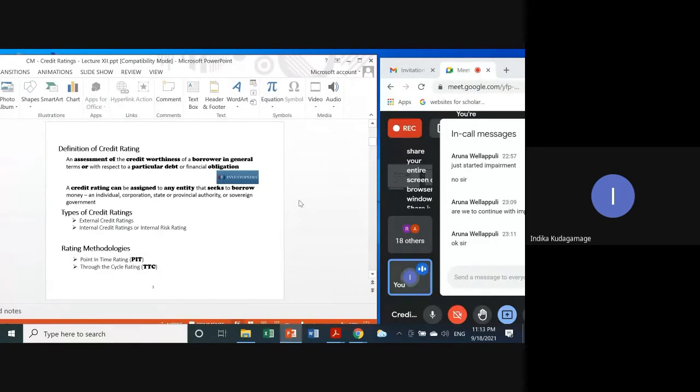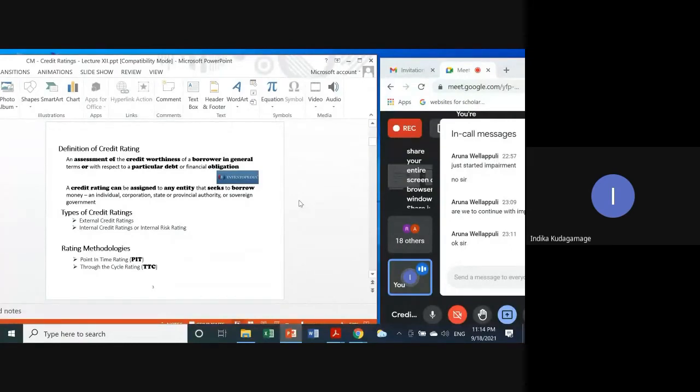Risk rating will give a general guideline on credit worthiness. That means, will this customer repay you? If it is a debenture, if you invest, will you be able to collect your money back? That is the risk rating, right? Credit worthiness of a customer.